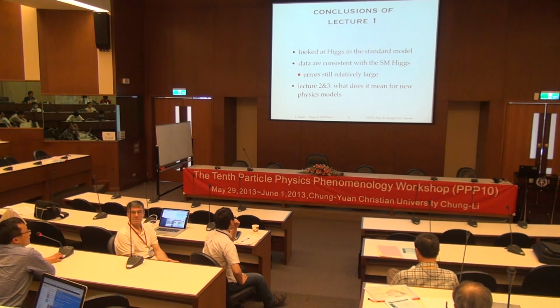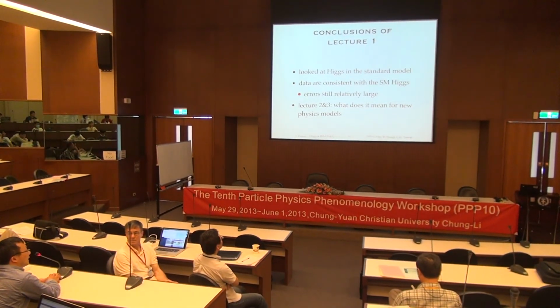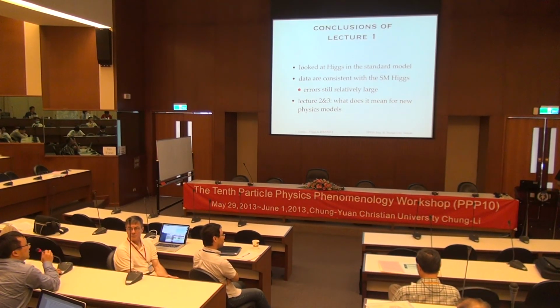So in this case, how to include these dimension 6 operators is not only just to modify this kappa_g or kappa_gamma or kappa_F, like what people did here. So will you include this in the lecture?